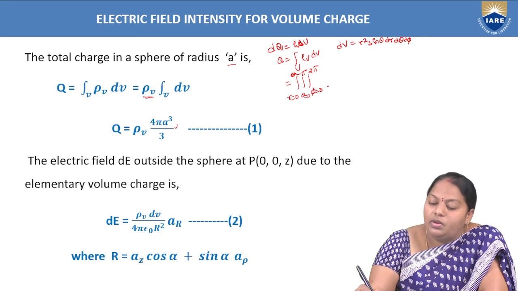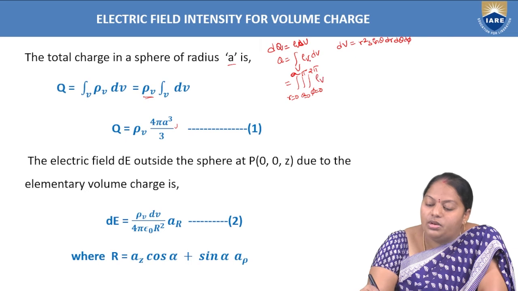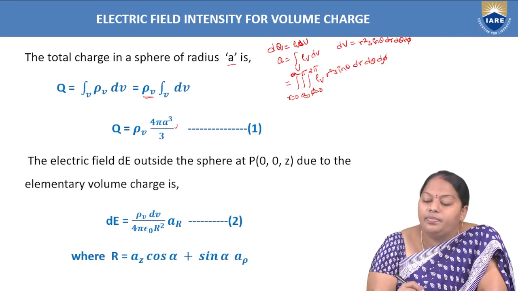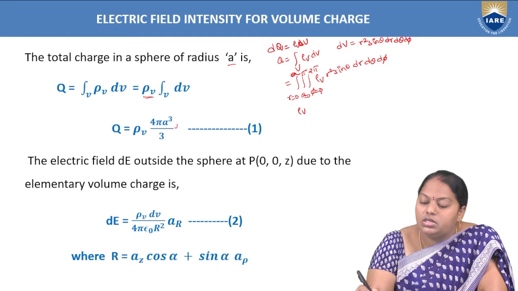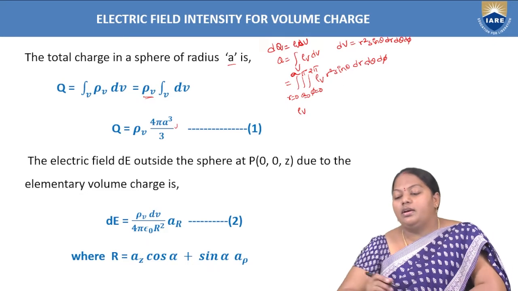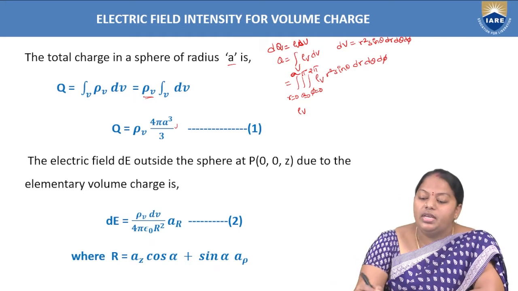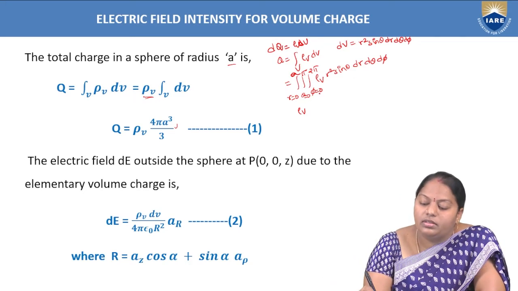Now, these are the three variables, and for rho v into dv, the formula for dv here is r square sin theta dr d theta d phi. Rho v is a constant. Now, r square sin theta dr d theta d phi are the three variables, so we integrate with respect to r, theta, phi.